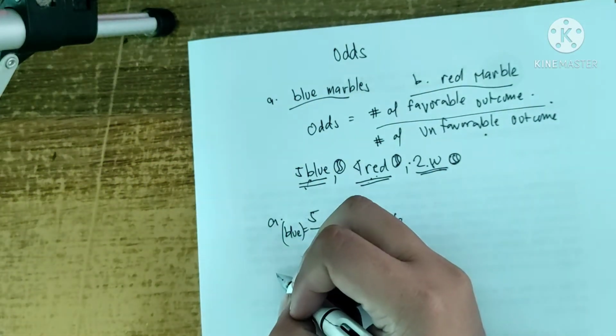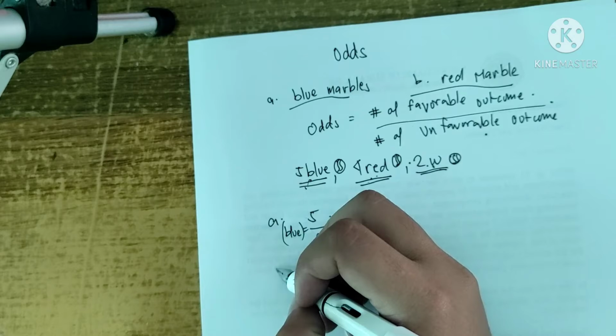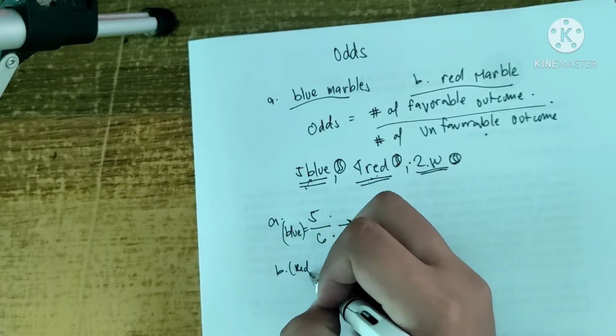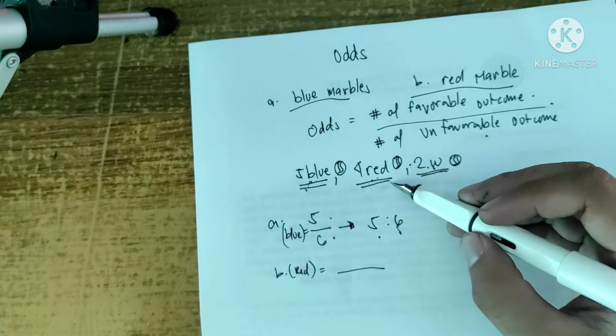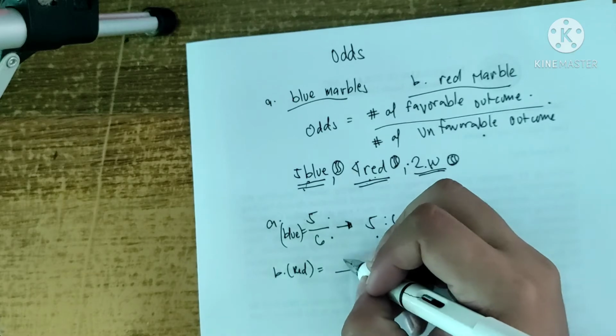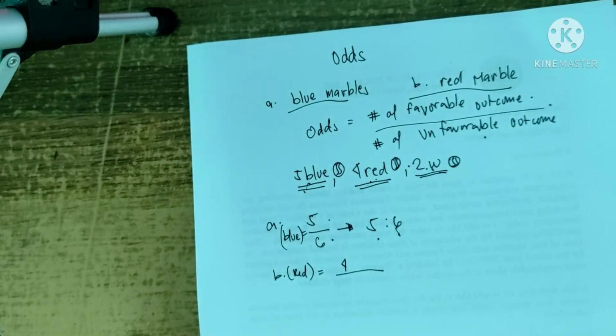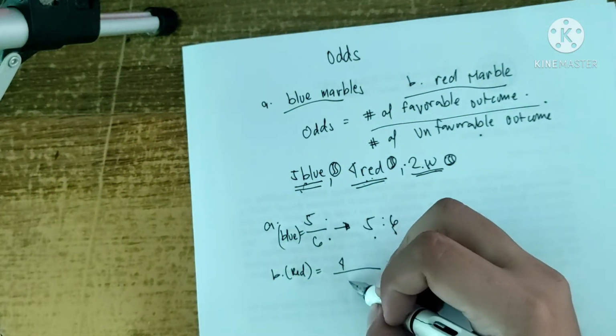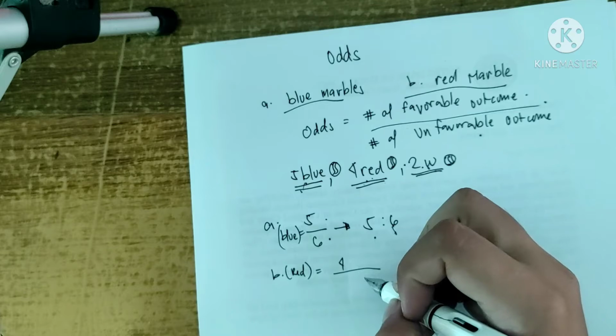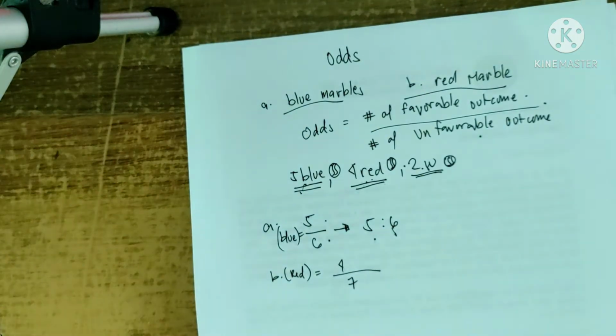Next, red marbles naman. Okay? So, sa red marbles, ilan yung favorable outcome natin? So, since dito, 4 lang yung red, meaning, we have 4. That is a 4 favorable outcome. And next, sa ilalim naman, the unfavorable outcome. So, ang gagawin mo, i-add mo lang tong dalawang to. So, we have 5 plus 2. We have 7. Okay?